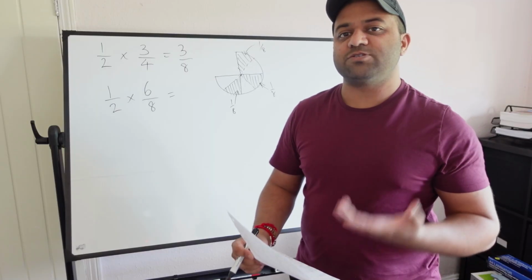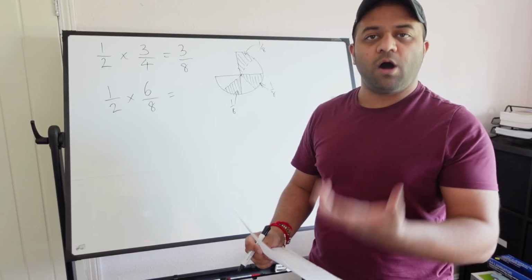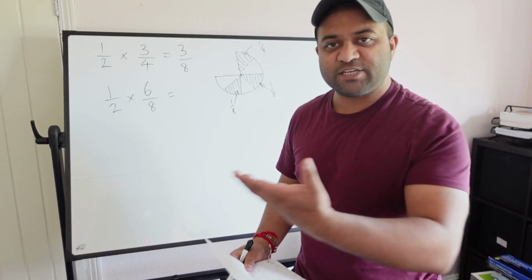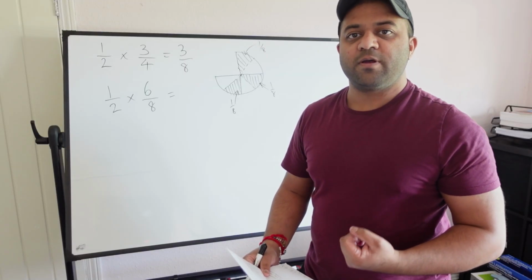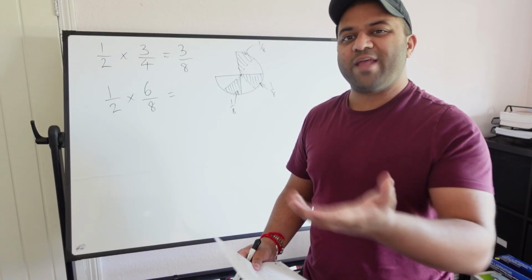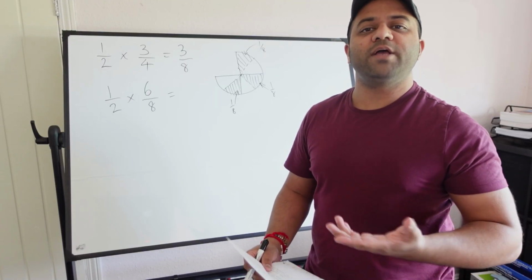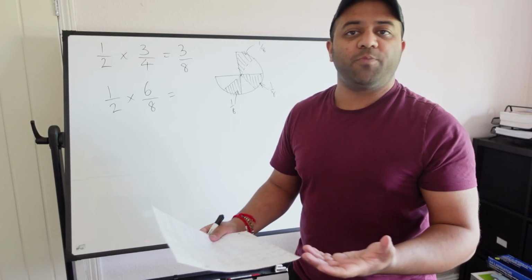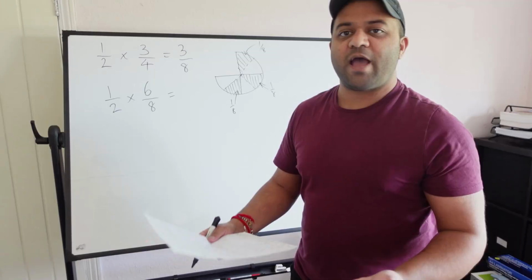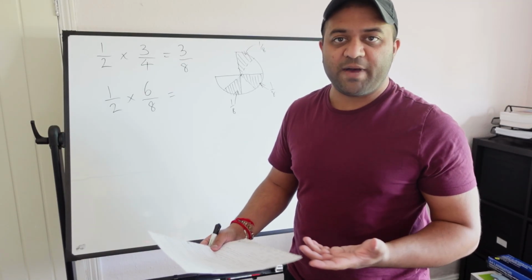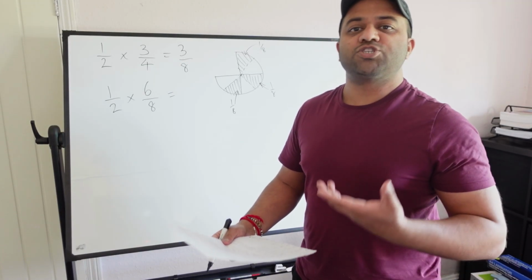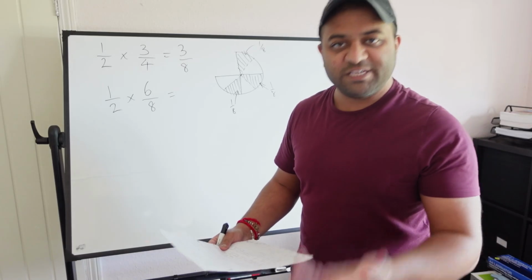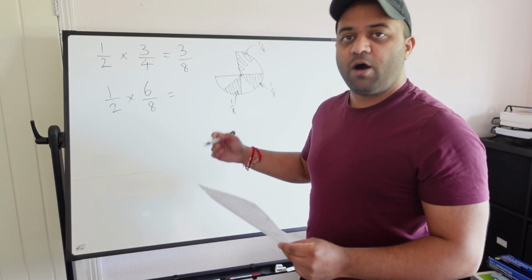Now if we ask the question, what is half of 6 of these 8ths? We can also equate that to a question like, what is 1/2 of 6 of these things? Well, it'll be 3 of these things, and these things that we're talking about are 8ths. So we can have 3 of these 8ths using the same idea.